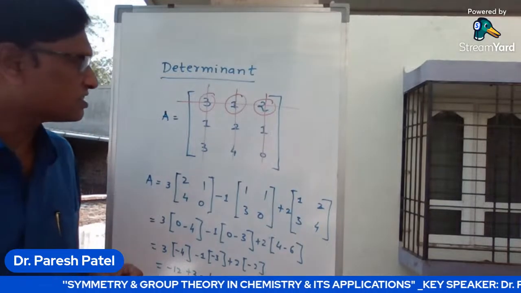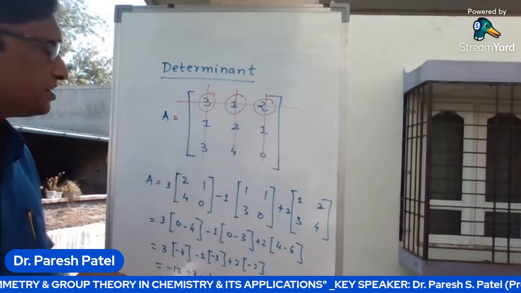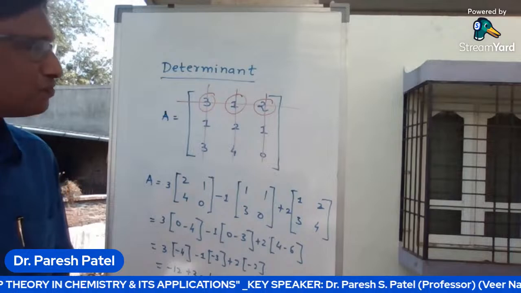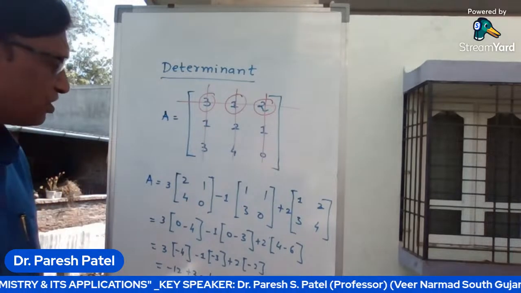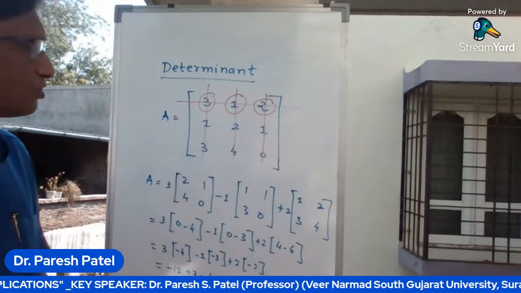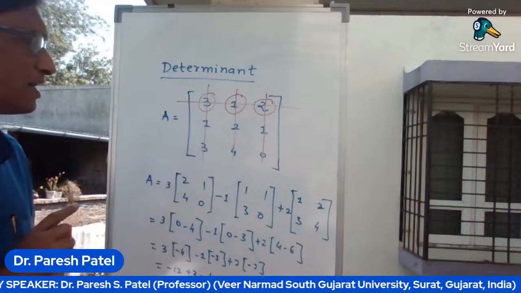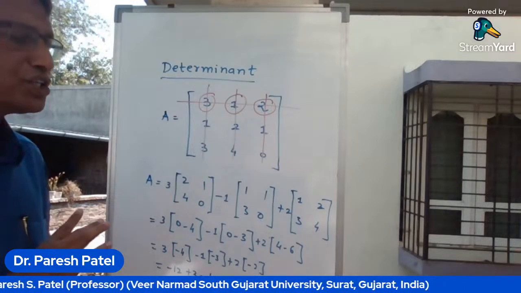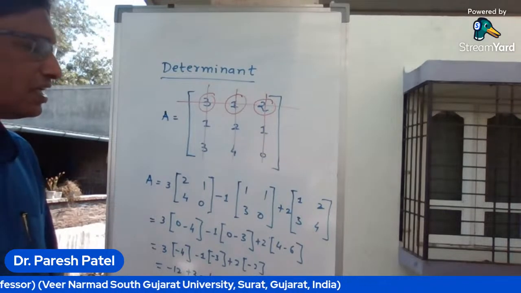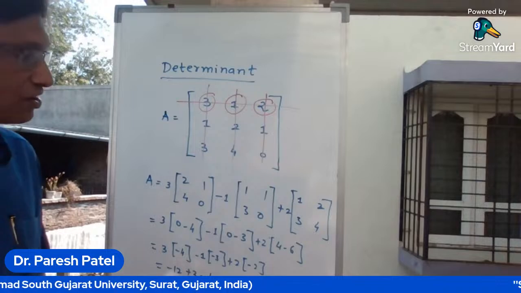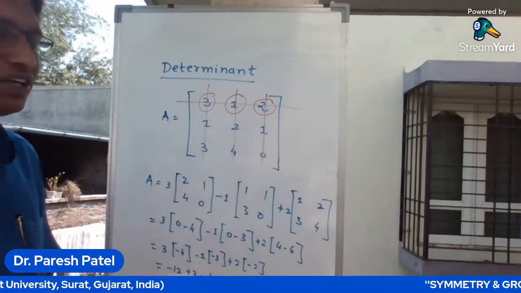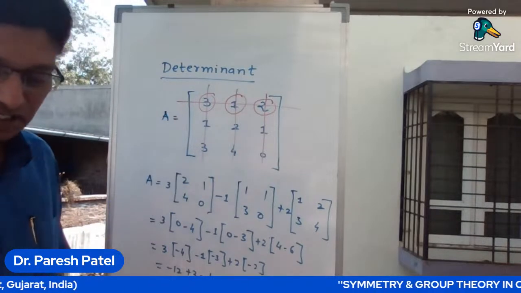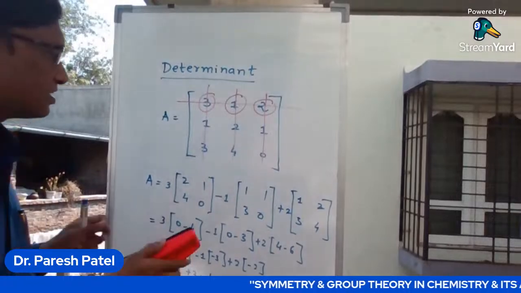The answer is minus 13. So this is the determinant of the three-dimensional matrix. For a two-dimensional matrix, we take the product of diagonal elements minus the product of the other elements. For a three-dimensional matrix, this is the method to find the determinant.